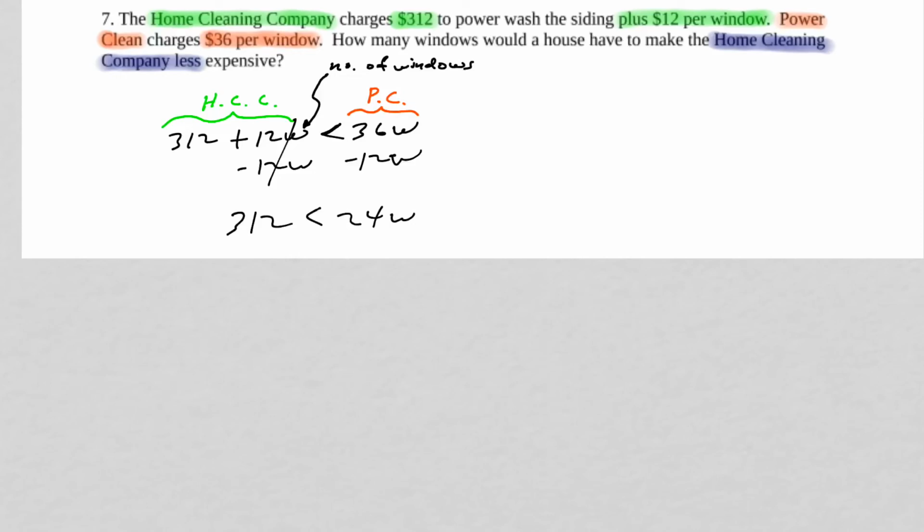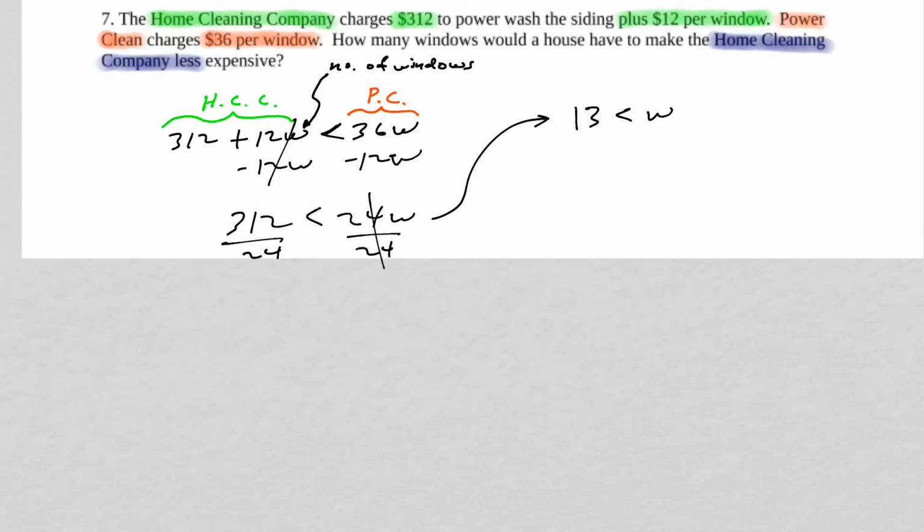Then we'll divide both sides by the number out in front of the variable. So we'll divide both sides by 24. And what we'll get is, on the left-hand side, 312 divided by 24, that's 13. And bring down our inequality symbol, which is a less than. On the right-hand side, the 24 divided by 24, that cancels out and makes 1W.